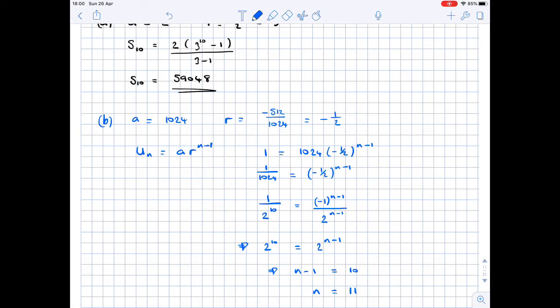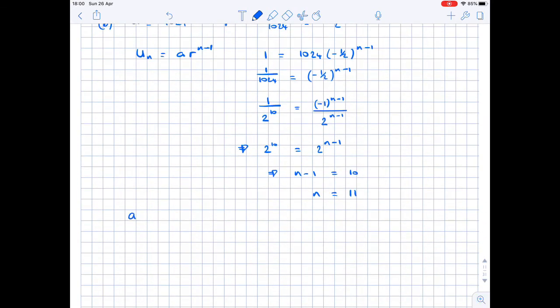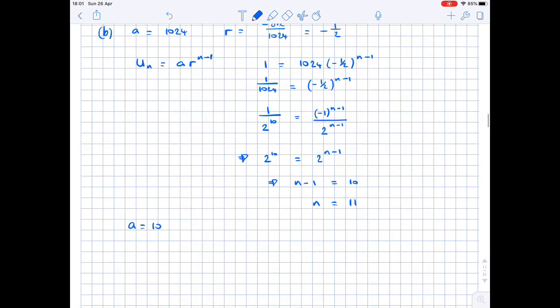Now we can go back to solving the question. So now we know that a is equal to 1024, the common ratio is -1/2, and there are 11 terms. So the sum of those 11 terms is equal to 1024 times 1 minus the common ratio to the power of 11, all over 1 minus the common ratio.